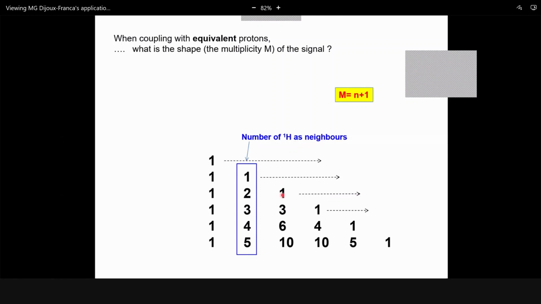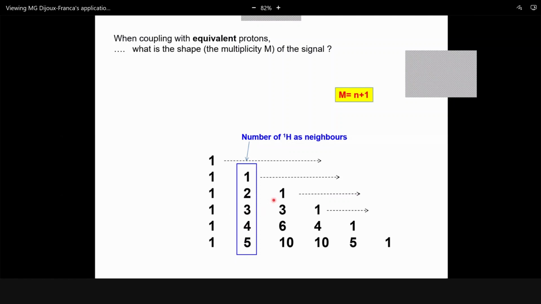The third column you start from the third line, and then the number is calculated from the first line. Here, for example, is 1 plus 0, so equal 1. 1 plus 1 equal 2. 1 plus 2 equal 3. 1 plus 3 equal 4, and so on.